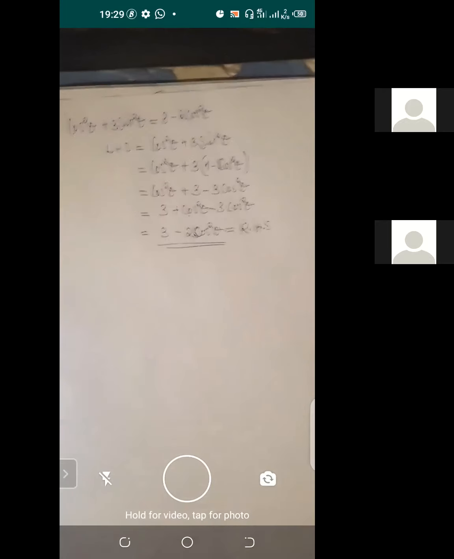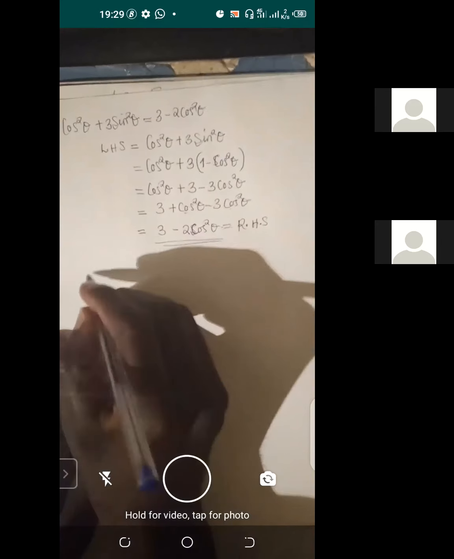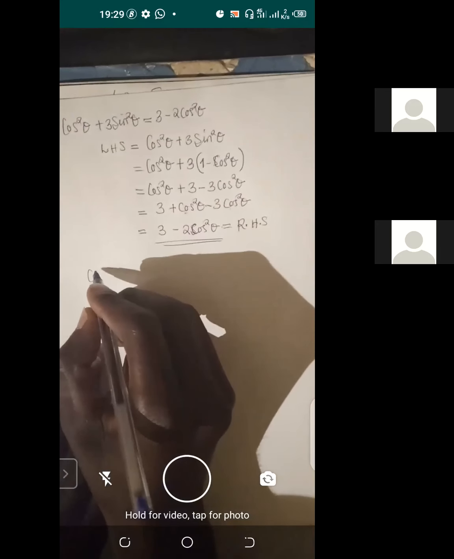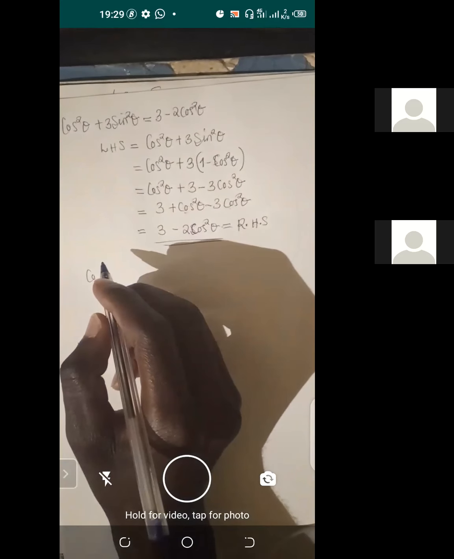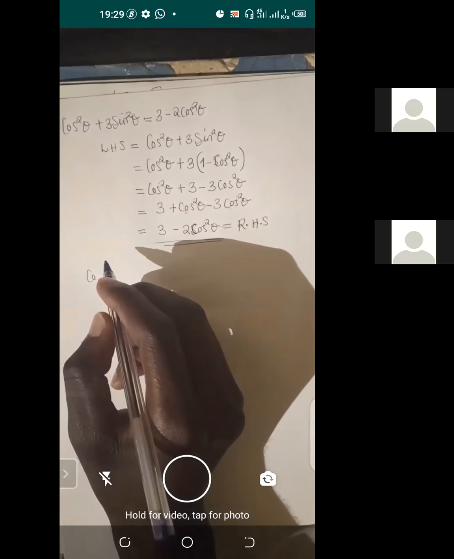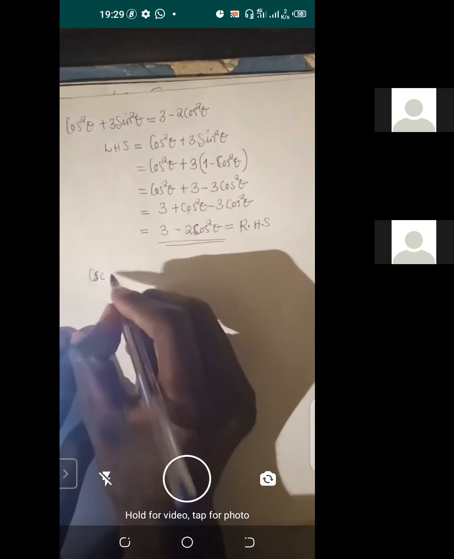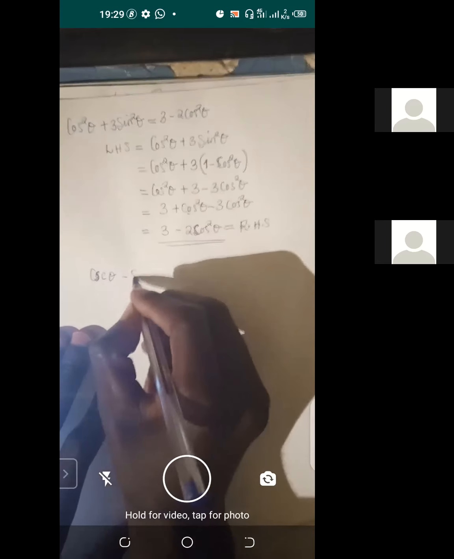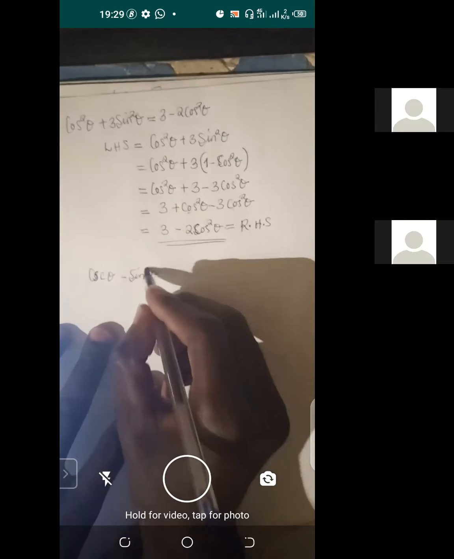So the next identity we have is cosec theta minus sine theta, or just sine theta there.